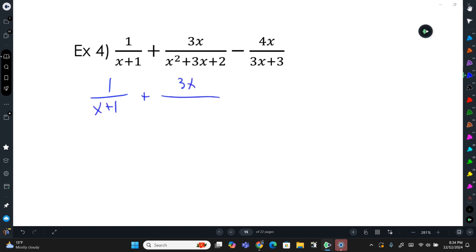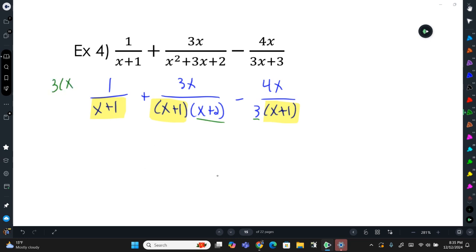So the first fraction, there was nothing we could factor. The second one is going to be factored x plus 1 times x plus 2 minus 4x, and then we can factor out a 3 and get x plus 1. Okay, so they all have x plus 1. The first one is missing this 3 and the x plus 2.